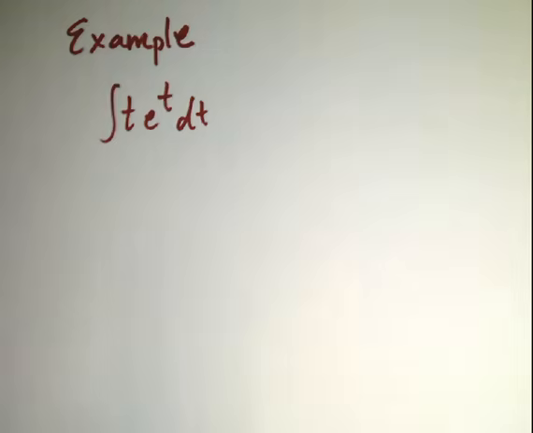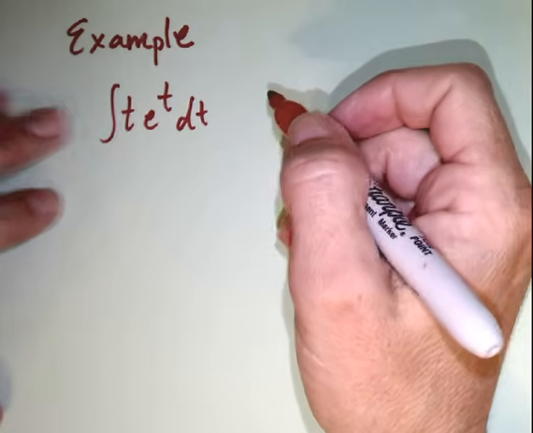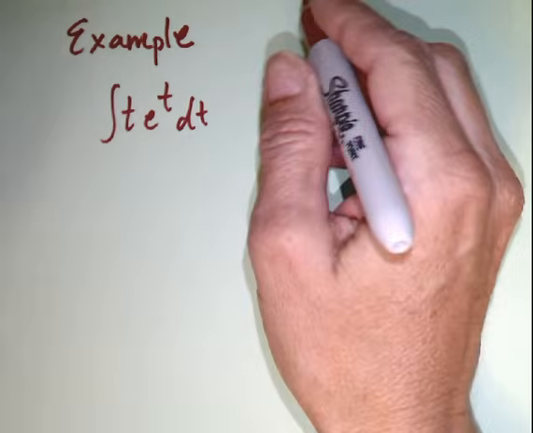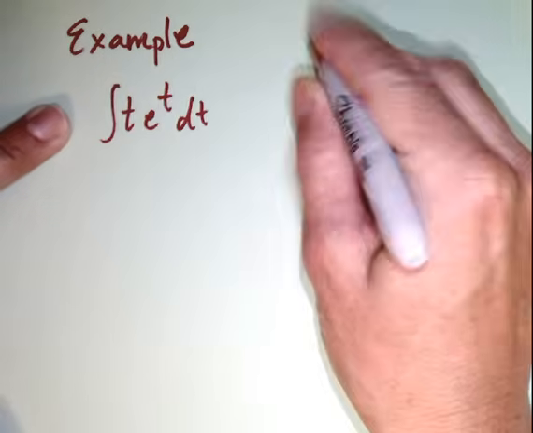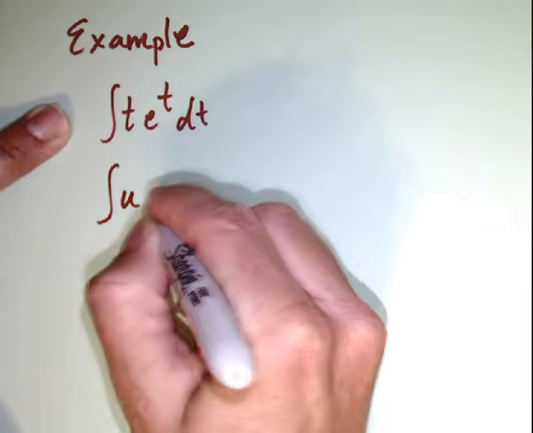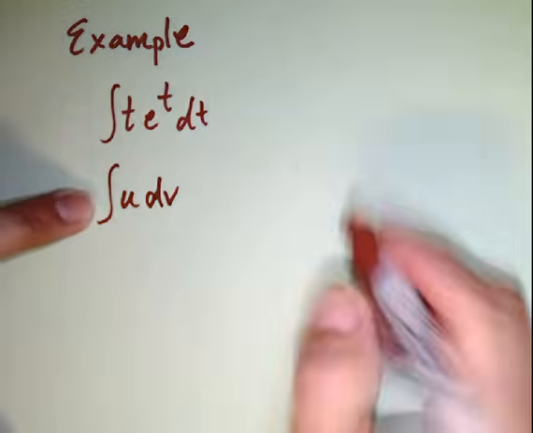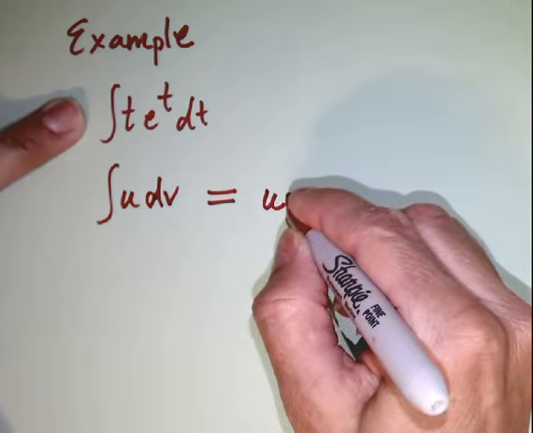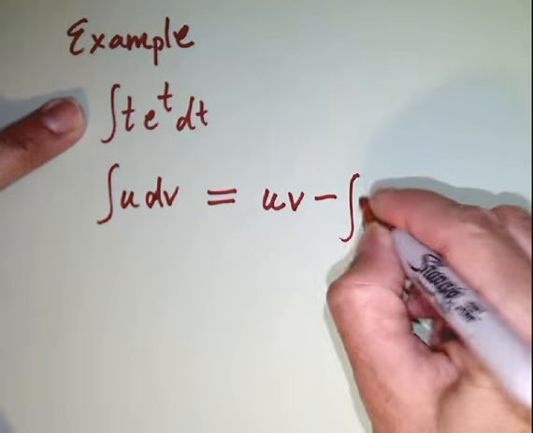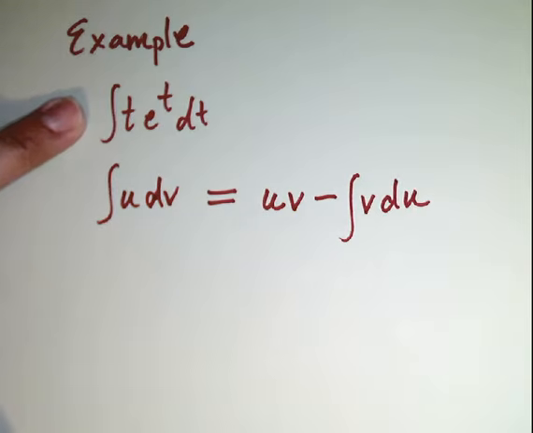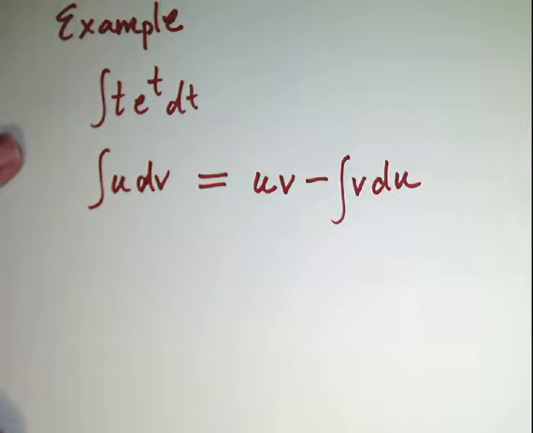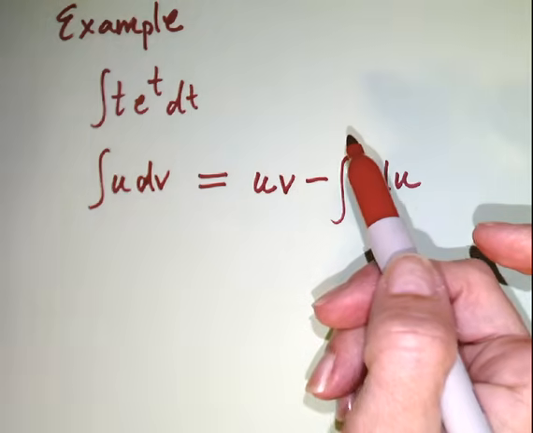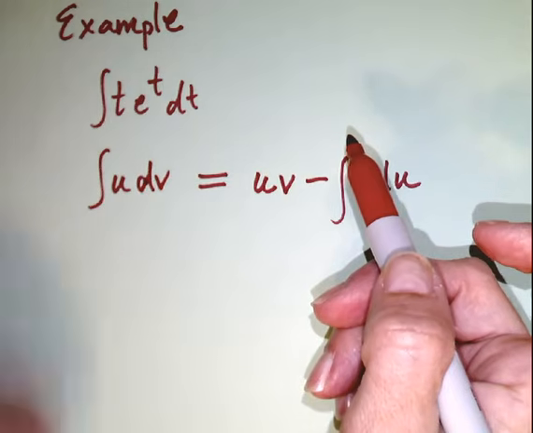Okay, this is an example that we are going to look at applying integration by parts. Remember, we want this integral to be of the form u dv, so that we can simplify it to this expression, u times v minus the integral of v du. So our task now is to figure out what in our original integral we're going to call u and what we're going to call dv.